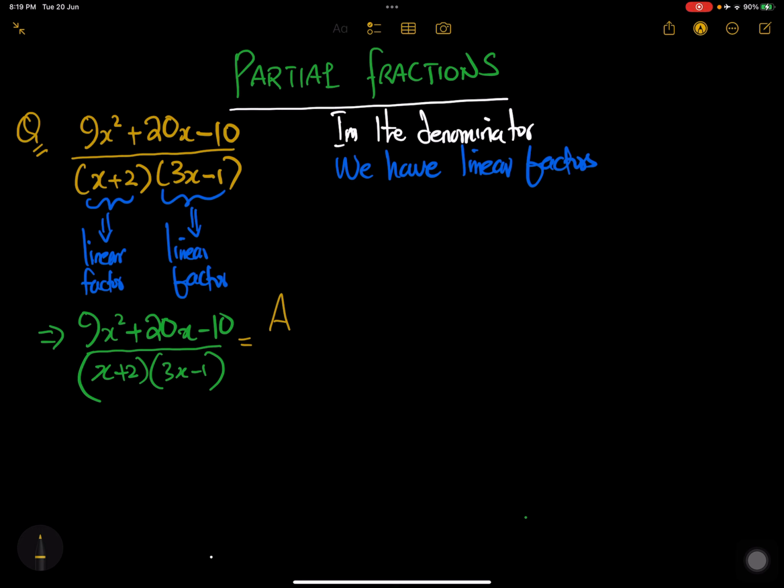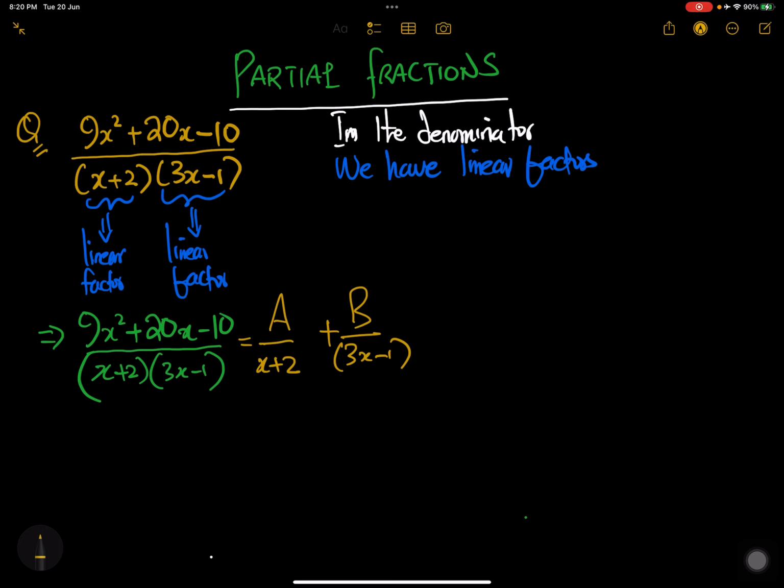The constant here is A in the numerator, divided by x plus 2 in the denominator for the first one. Then the next one is to introduce another constant, B, in the numerator, and in the denominator we have 3x minus 1. All right, I hope we are clear so far.